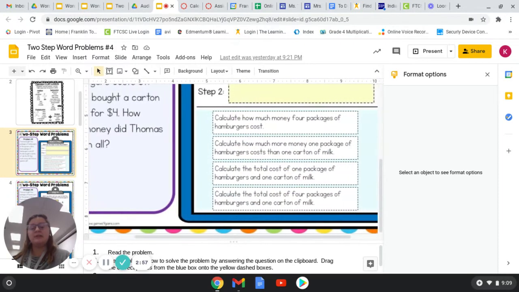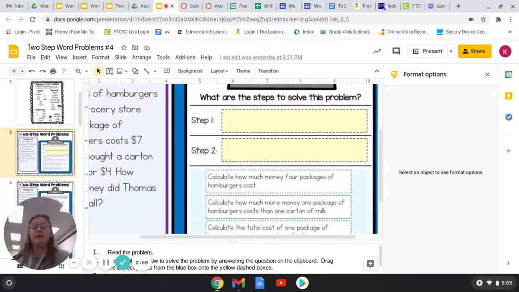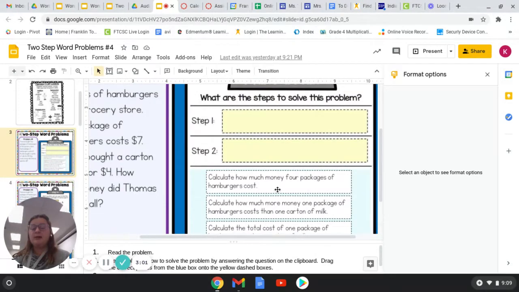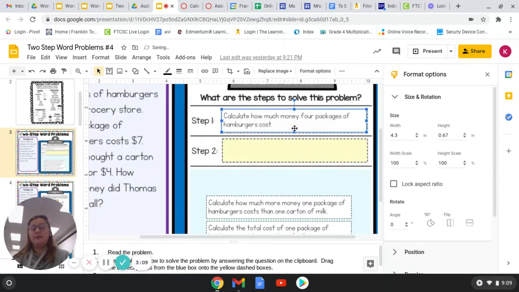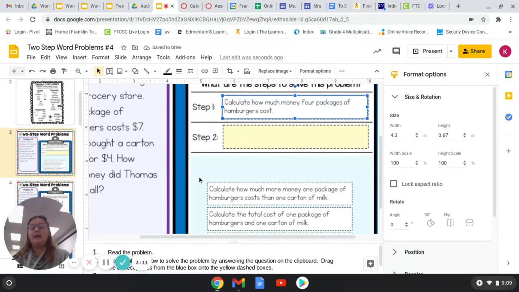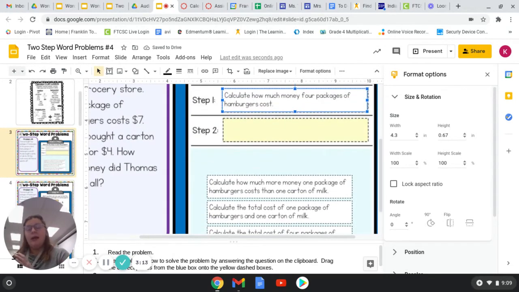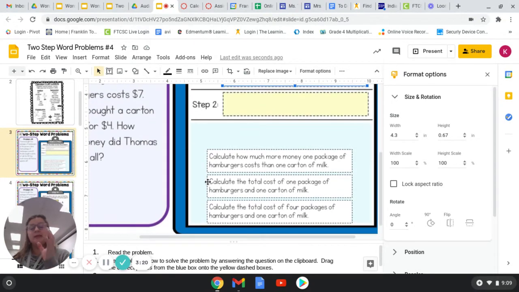So my first step should probably be to calculate how much money 4 packages of hamburgers cost. So I'm going to put that as step number 1. Then once I figure out how much the hamburgers cost, I can add how much my milk cost to figure out how much he spent all together.